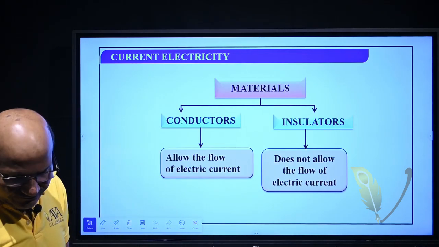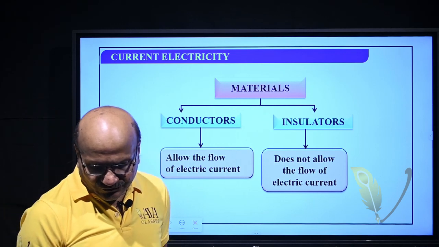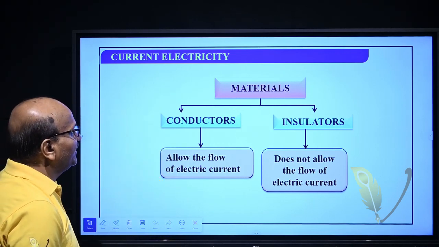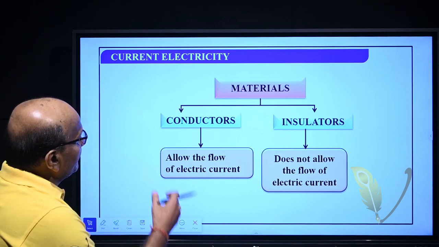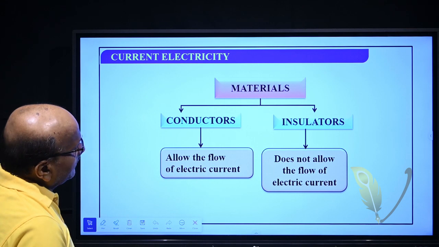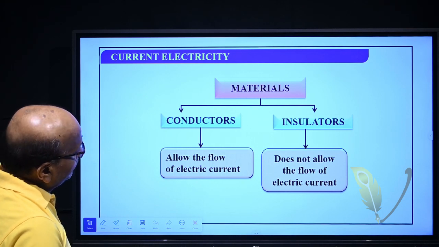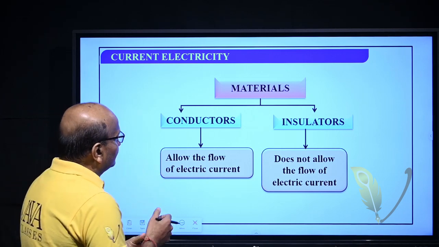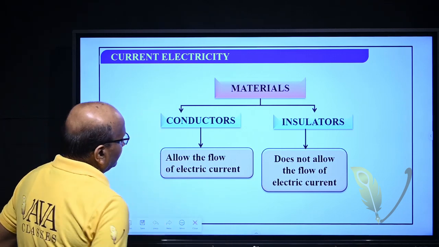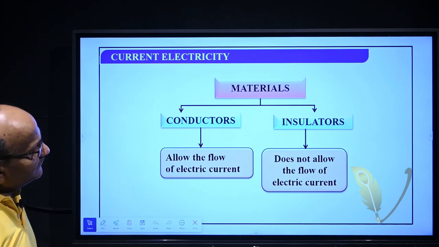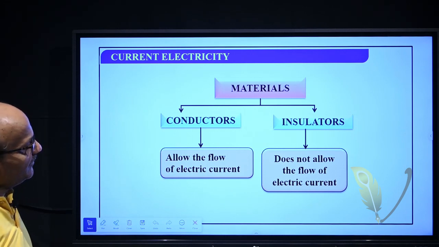Now we will see materials with respect to current flow. Generally, materials are of three types: conductor, insulator, and also semiconductor. Conductors allow the flow of electric current, but insulators do not allow the flow of electric current.